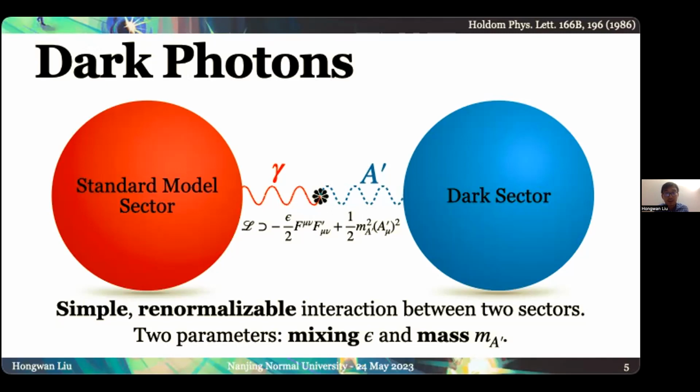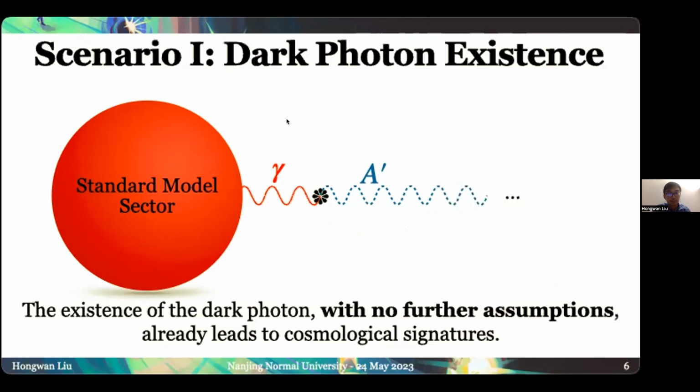Another thing that's very interesting about this model is that it's very simple. Throughout this talk, you will hear only about two parameters related to this model. One, of course, is the mixing, epsilon, and the other is the mass, m_A'. And so these two parameters essentially just give you all the information you need to know about this model.